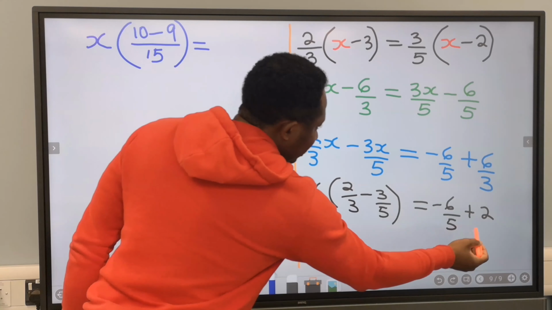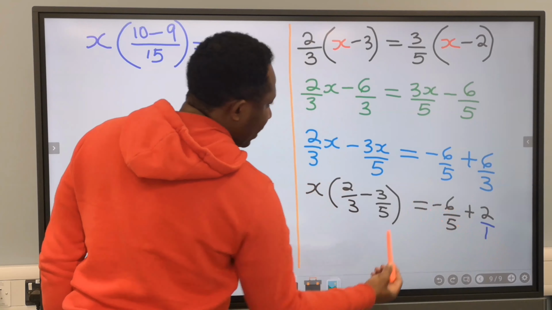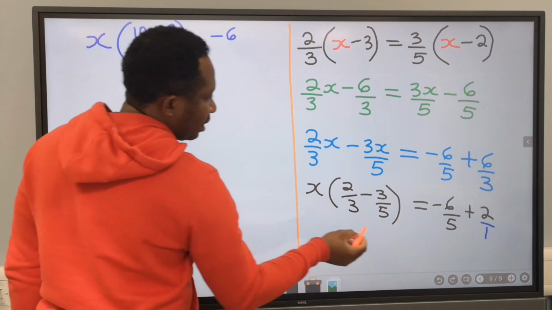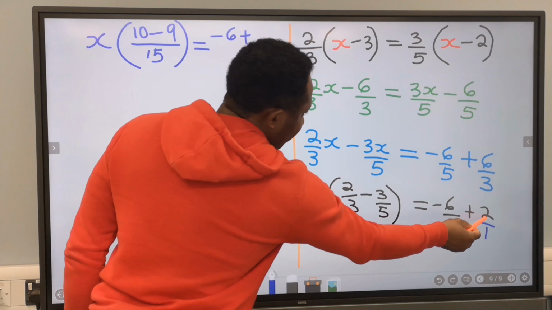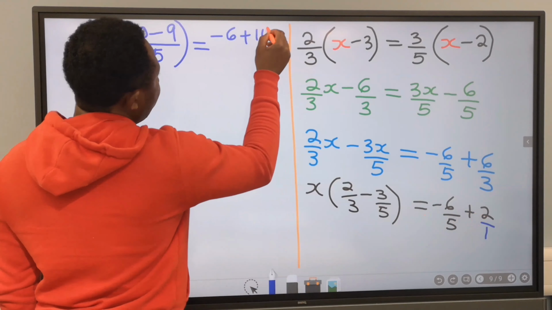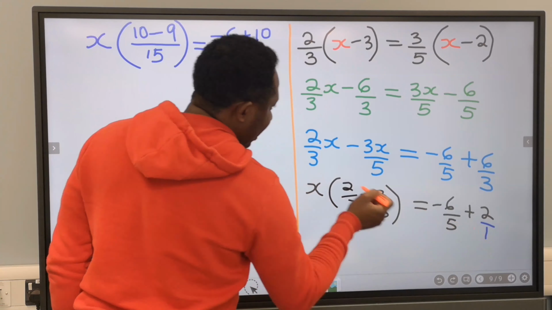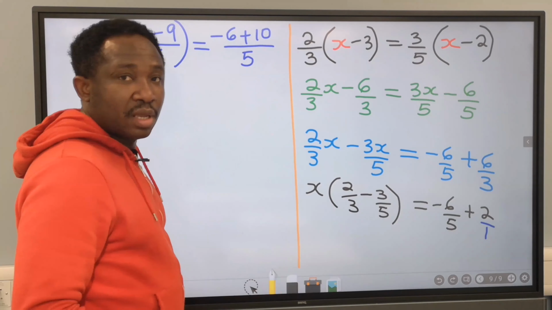On this side, this is like over 1. 1 multiply minus 6. I'm going to get minus 6. And I have a plus. 5 multiplied by 2 will give you 10. At the denominator, 5 will multiply by 1, and I'm going to have 5.